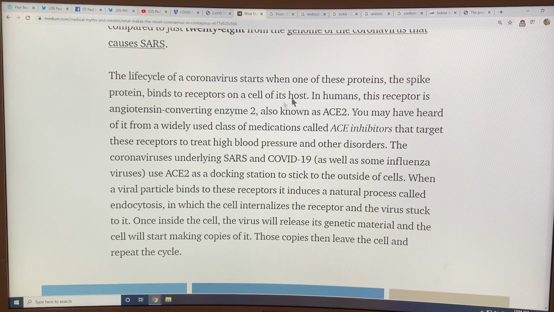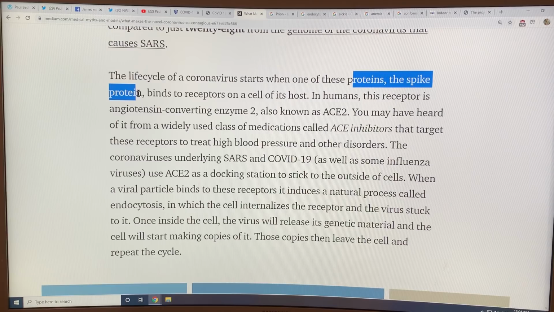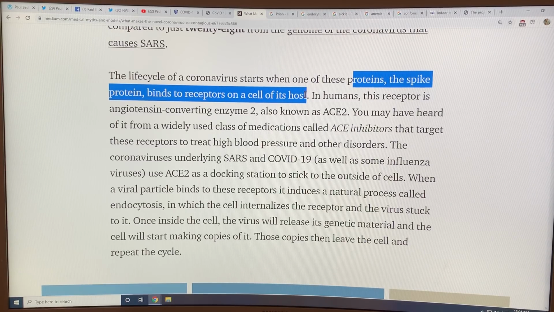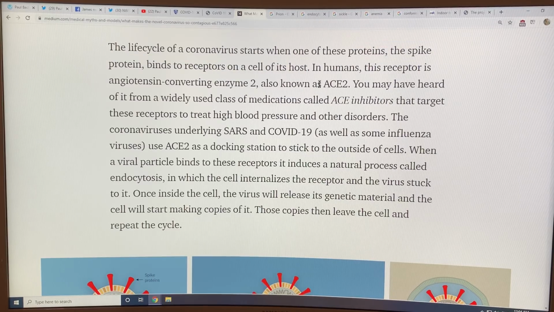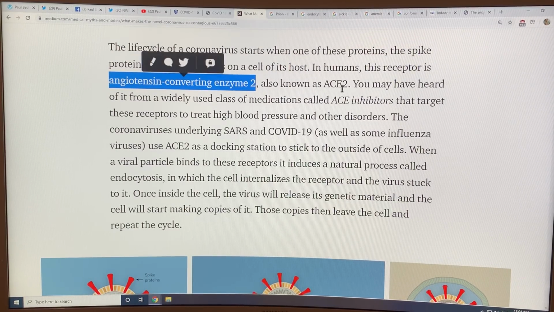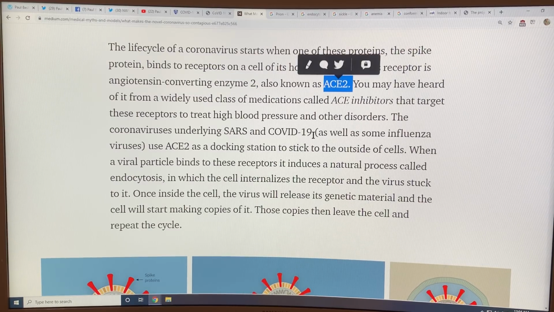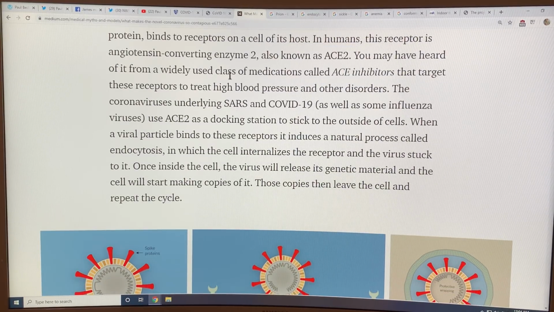One of these spike proteins binds to receptors on a cell of its host. In humans, the receptor is called ACE2, angiotensin converting enzyme 2. It's just a receptor, like a docking station. There are medications that treat high blood pressure and other disorders called ACE inhibitors.